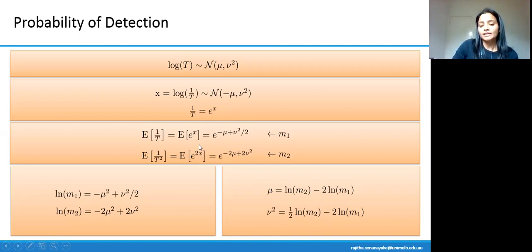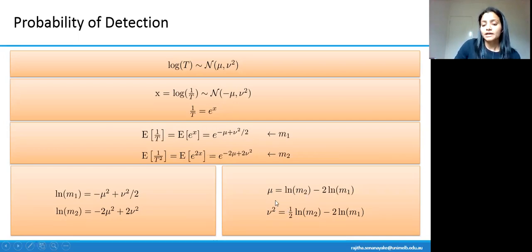I can easily find these two because x has a Gaussian distribution, and they can be found using the moment generating function of a Gaussian random variable. So it takes these two forms. If I call this m1, the first moment of this random variable, and this m2, the second moment, and I take the log values of these two and write them in terms of mu squared and nu squared, then solving these two equations, I can find expressions for mu and nu squared just in terms of m1 and m2.